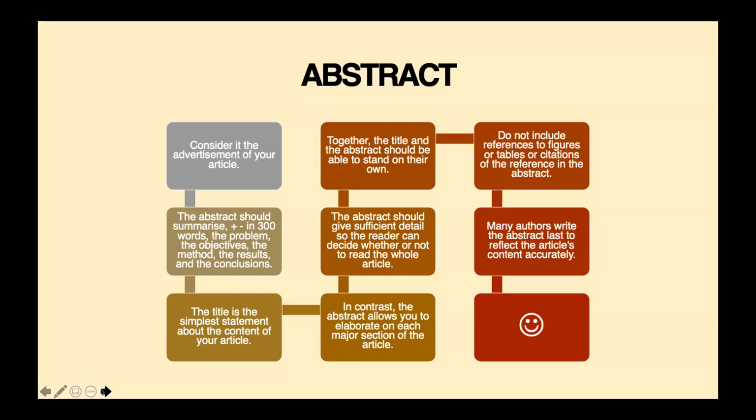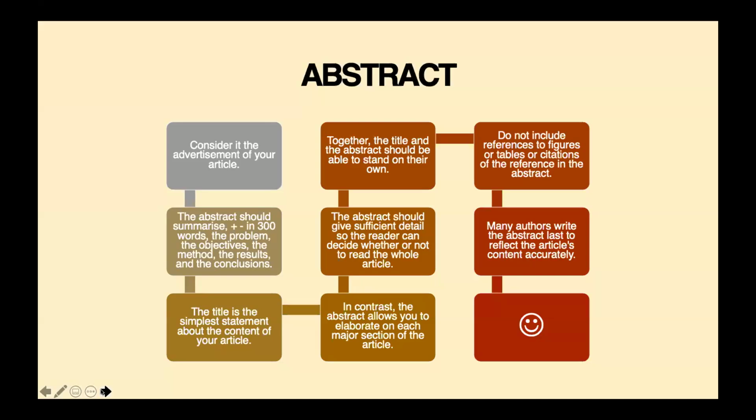Normally the abstract is the end of the section, meaning that they will complete all sections: introduction, results, discussion, conclusion. Then finally they come up with the abstract. So the abstract normally comes last in your article, but it depends.